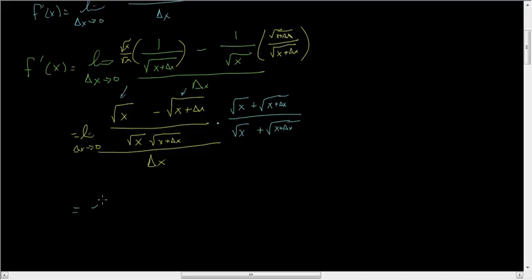When I do that, I get the limit as delta x tends to 0 of, and now the conjugates produce the difference of two squares.